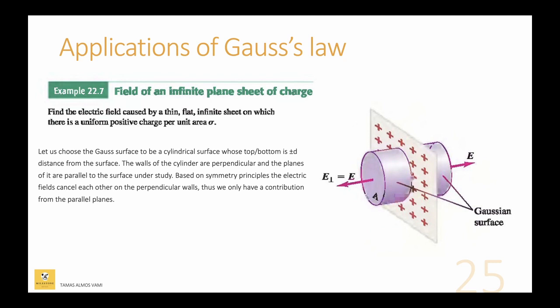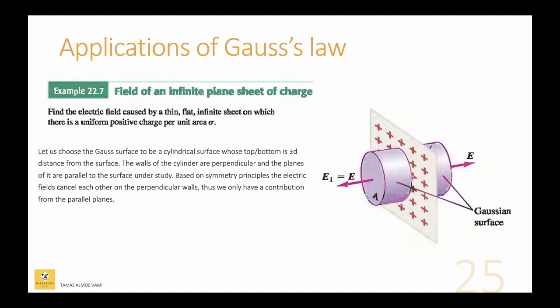We have a system which is 2D, and we want to have a surface which is three-dimensional, and so it makes sense to use the cylindrical surface for this. And the fact that we have an infinite sheet is again helpful, because that means that however far up we go on this sheet, we will have the same kind of charges as however far down we go on this sheet.